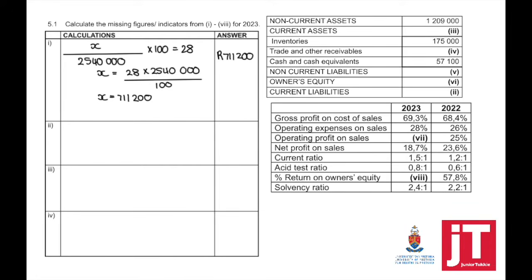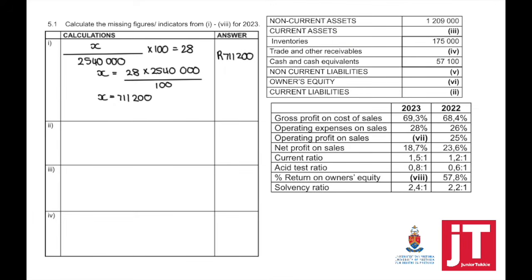Then number 2, I need to find the current liabilities. Now what are my options? To look at current liabilities, I can use the current ratio and the assets ratio, because that goes about liquidity. It's your short-term assets and your short-term liabilities. Now there's a little bit of a problem.